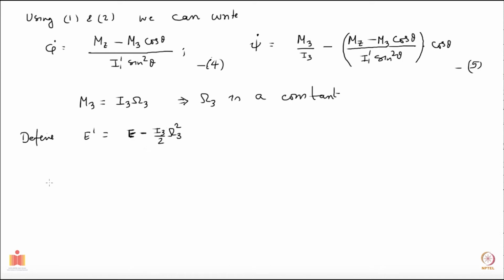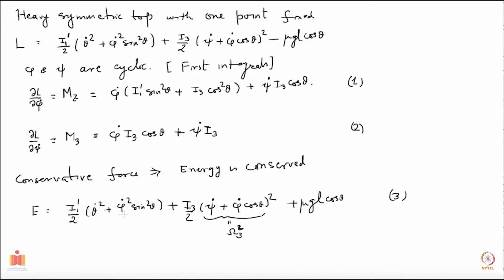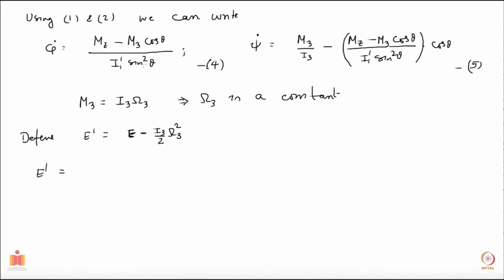So with this I have now E prime is equal to what? Let's go back. This term plus that term, right? So this term gives you a theta dot square term, plus something which involves only theta. And in this phi dot, I'm going to substitute this thing, because I've already determined phi dot in terms of theta.